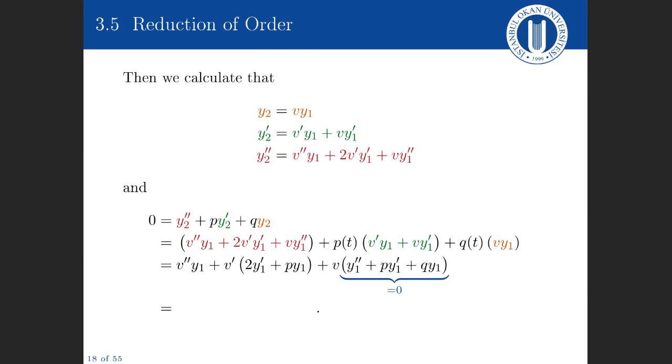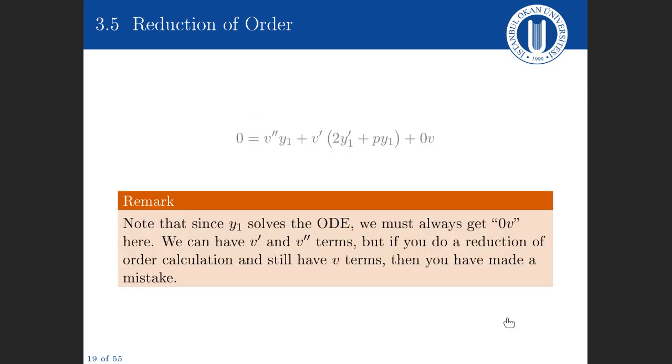Now, remember, we're starting with y1 being a solution to the differential equation. So we're starting by knowing that this final bracket must be equal to 0. So we just have v'' y1 + v'(2y1' + p y1). Let me make some remarks.